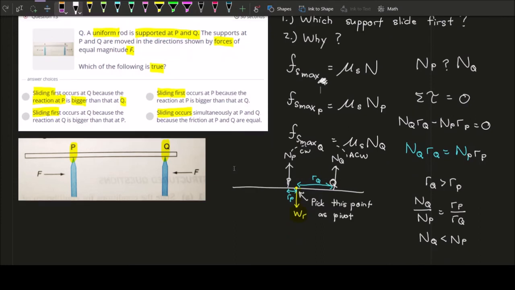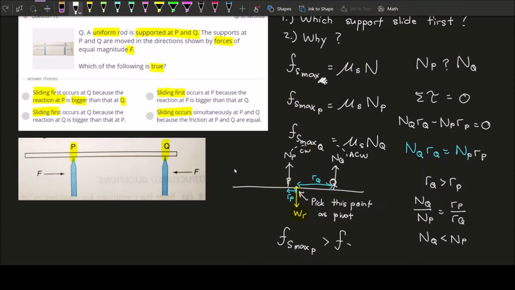Okay, from here we can see that Fs max for P will be greater than Fs max for Q. So in that case, Q will slide first. So sliding occurs at Q. This one is wrong. This one, simultaneously, is also wrong. Okay, so we focus on these two things.